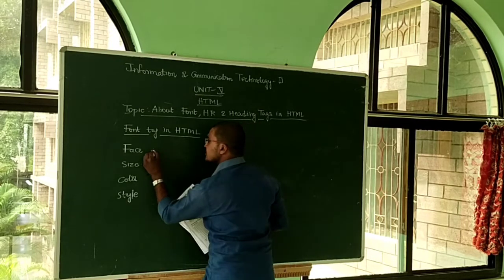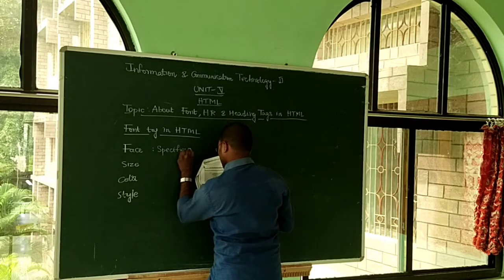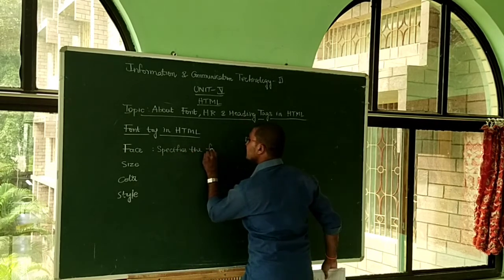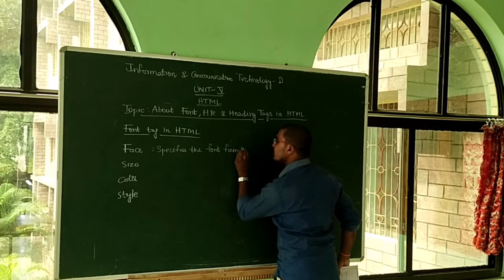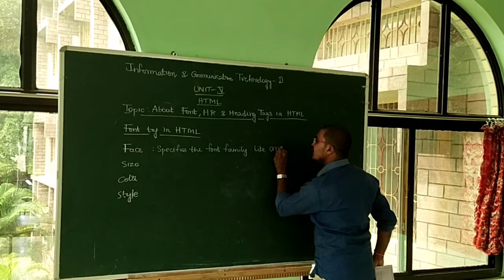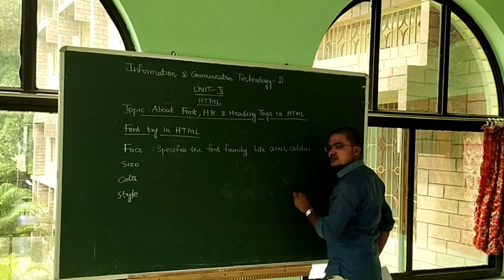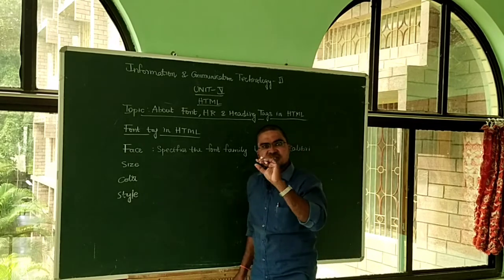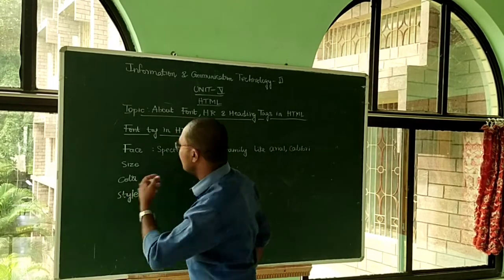Face specifies the font family. Every font has a name, like some fonts appear in Arial or Calibri, etc. So face means in which handwriting style the text appears, that is called face.